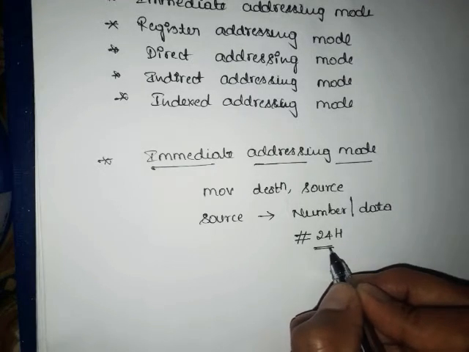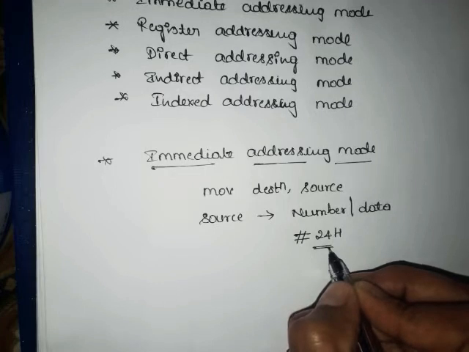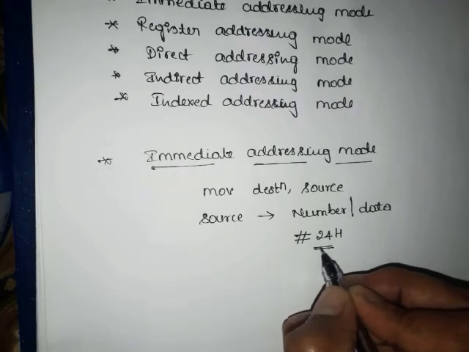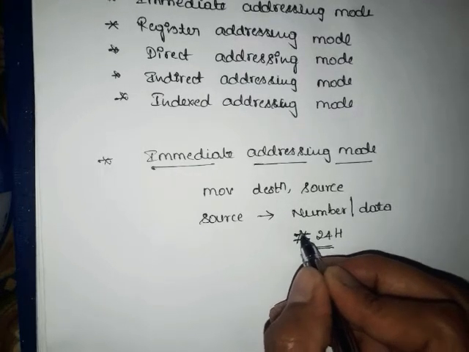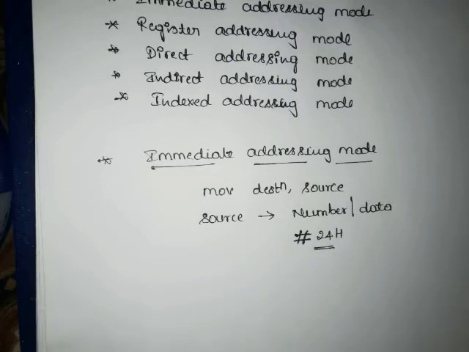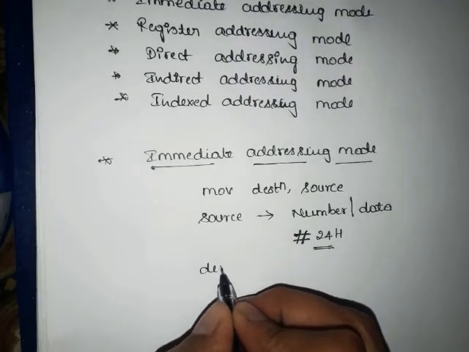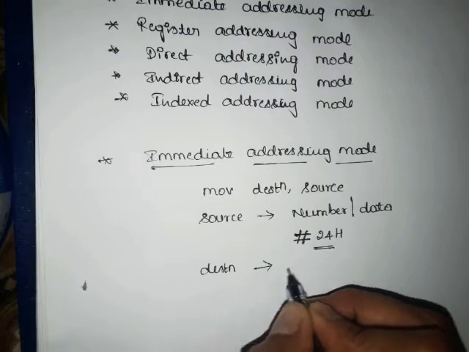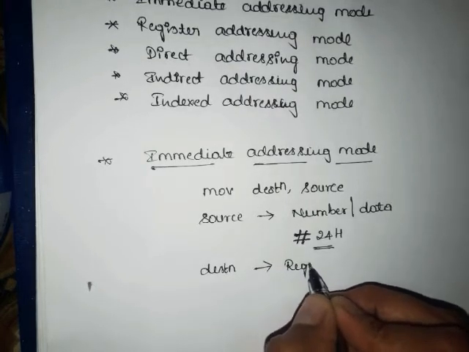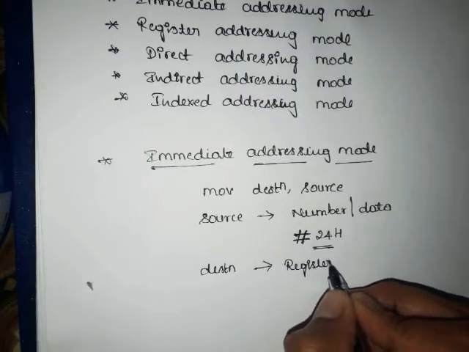So this is the data. Whenever we are going to write the data in the instruction only as a part, we have to represent that number by hash symbol. The destination may be different types of registers.